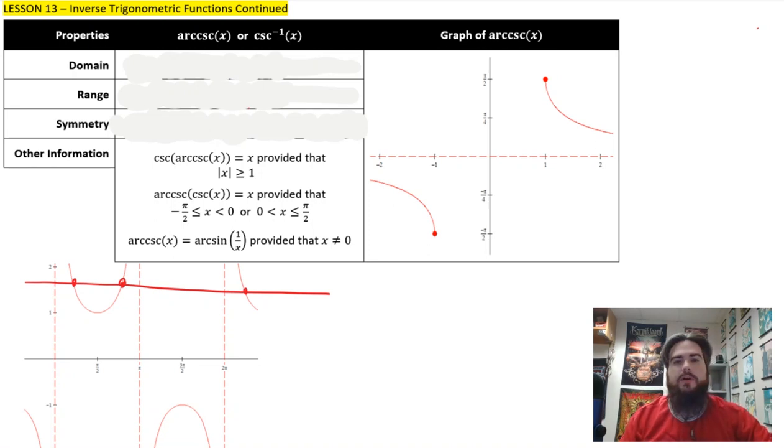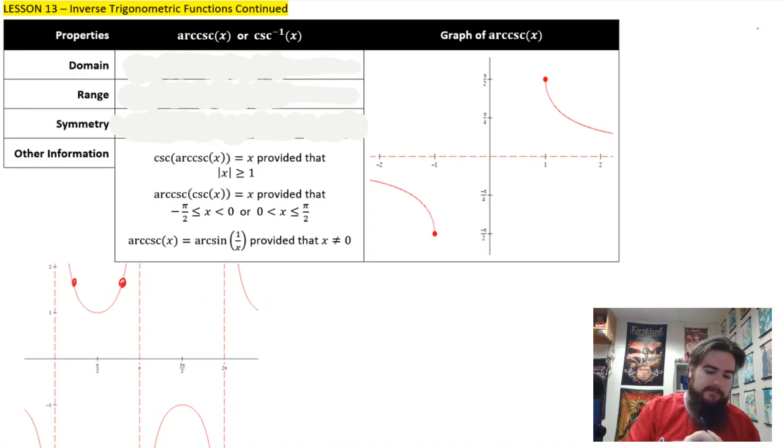So, just like with arc sine and arc cosine, we only need to take a portion of it. And we want to take a specific portion of it that, one, will pass the horizontal line test, and two, is as similar to arc sine as possible. And what I mean by that is when we look at arc sine, the portion that we designed and used to find arc sine was from negative pi halves to pi halves for sine.